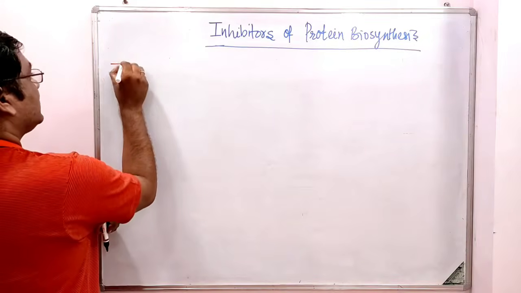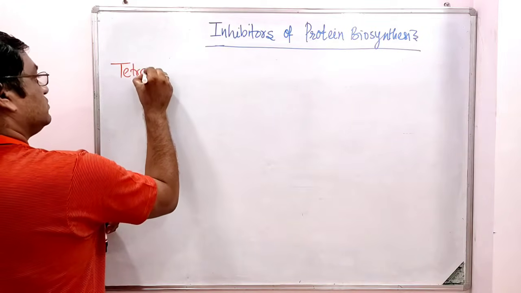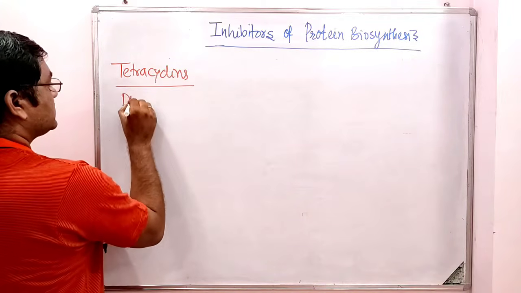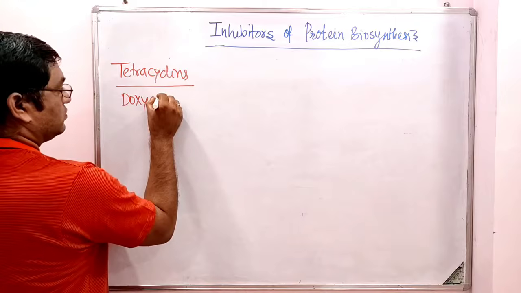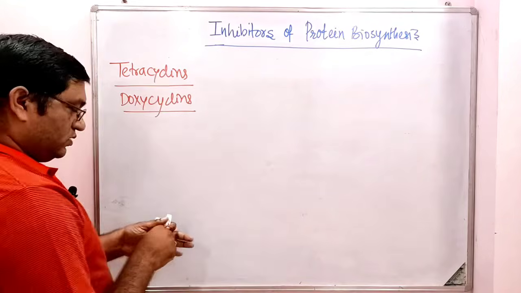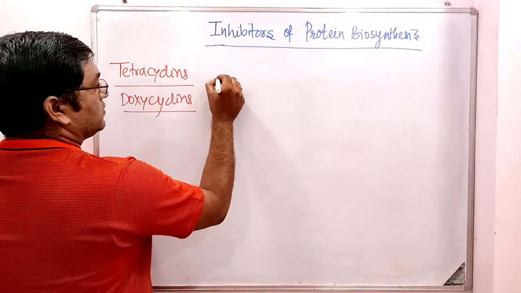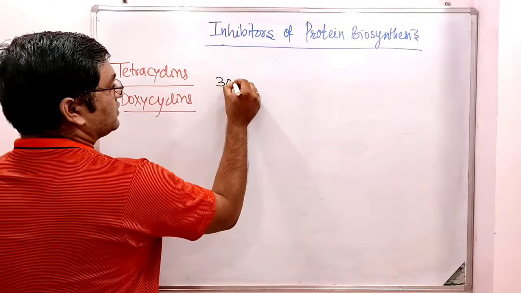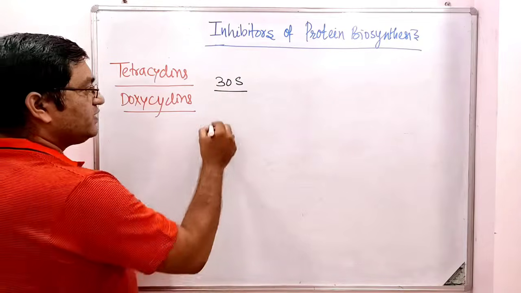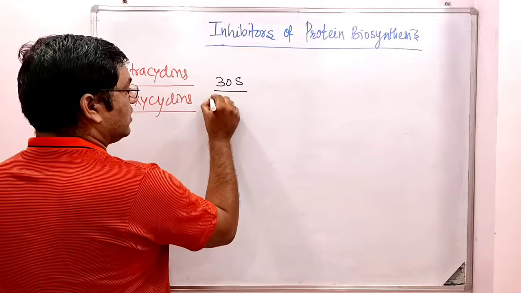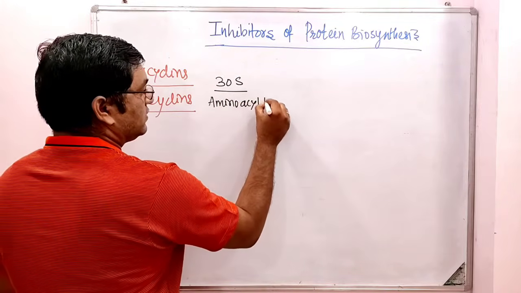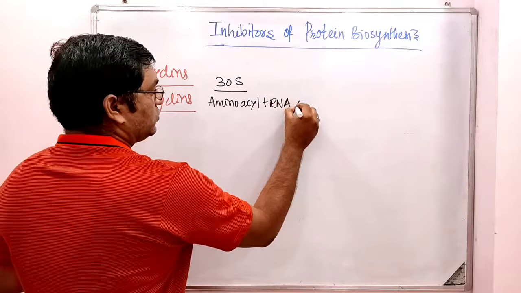Now the first one is tetracycline, doxycycline. This drug attaches to the 30S ribosomal unit in prokaryotes and prevents the binding of aminoacyl tRNA to the A site.